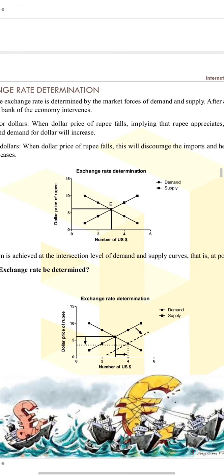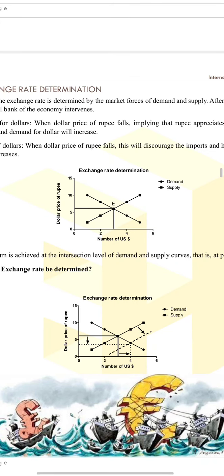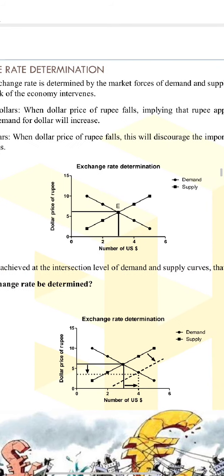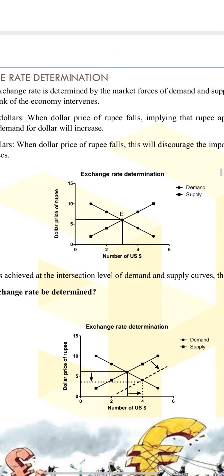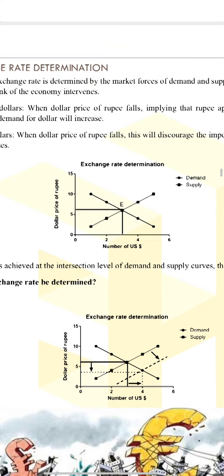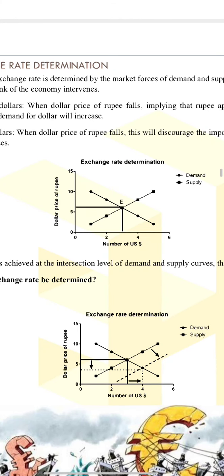Here you are seeing a diagram that represents the exchange rate determination. On the x-axis, the number of US dollars, and on the y-axis, the dollar price of rupee are taken. Two curves you are seeing in this diagram.